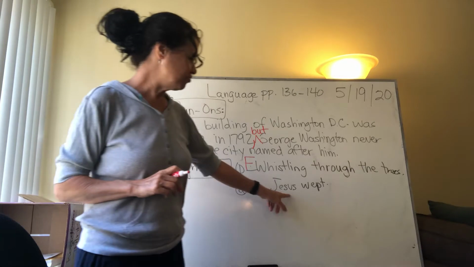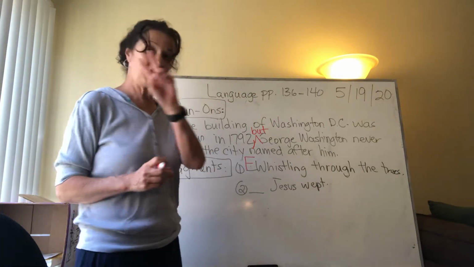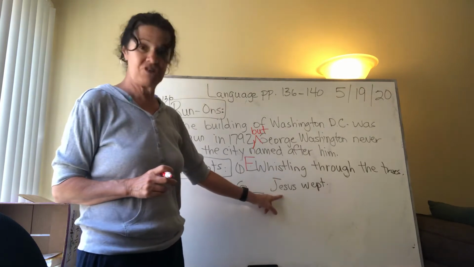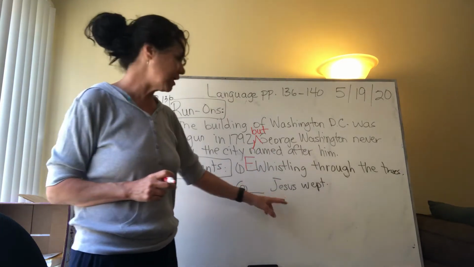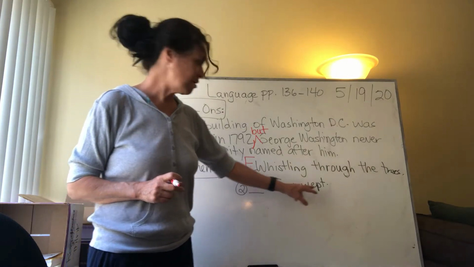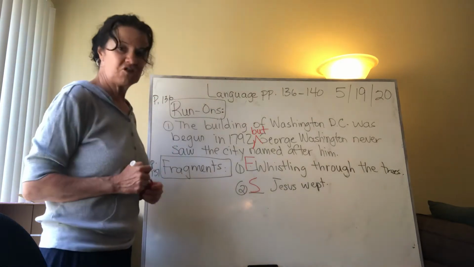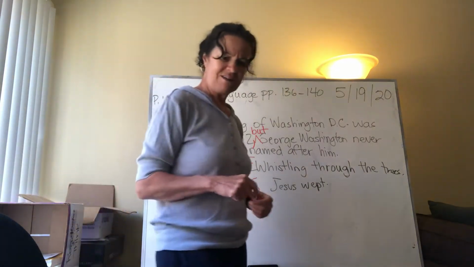Number two, "Jesus wept." Okay, that is a sentence. Even though it's only two words, it's got a subject, Jesus, the greatest of all subjects, and it's got a verb, wept. So that is a sentence. So you write an S for sentence. So that's how you do Think A.